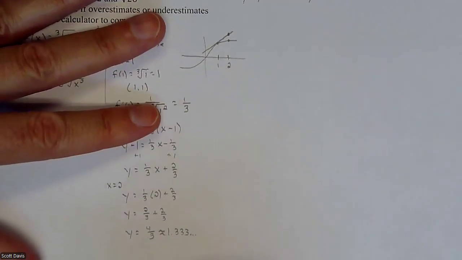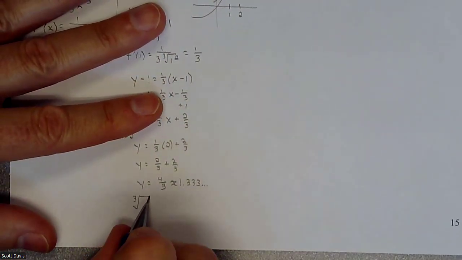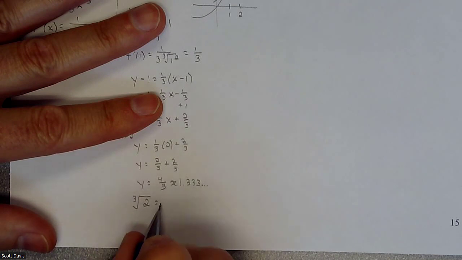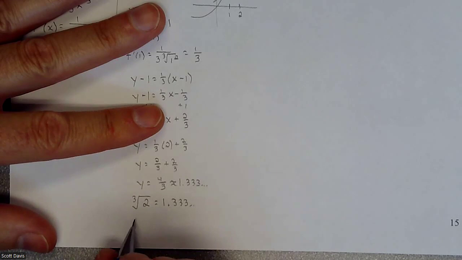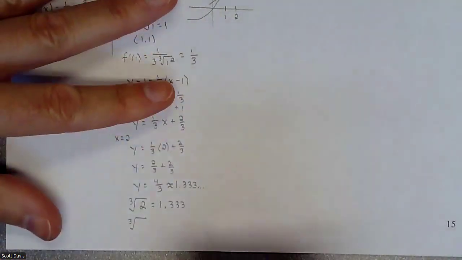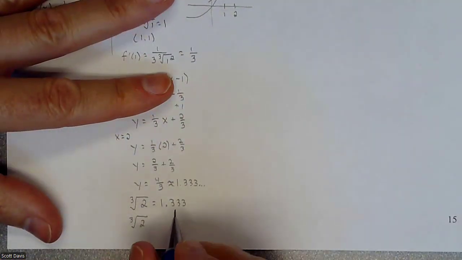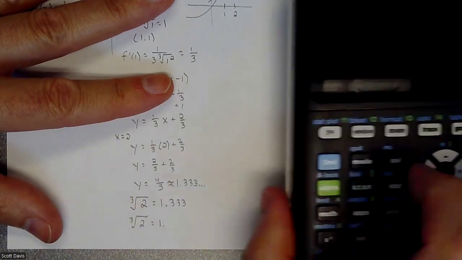So what we're saying is our estimation of the cube root of 2 is 1.333, on and on. All right. The actual cube root, let me cut it off at 3 decimals. The actual value, because we do have a calculator, the actual value is 1 point.